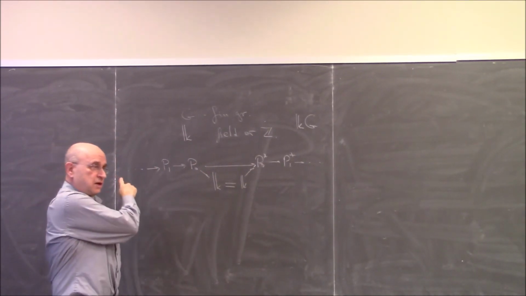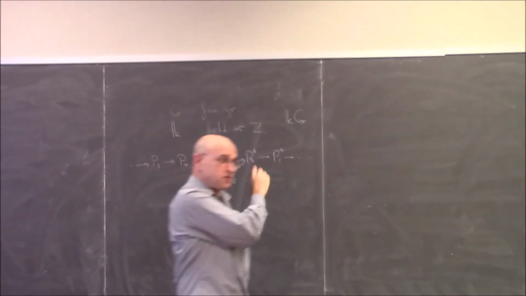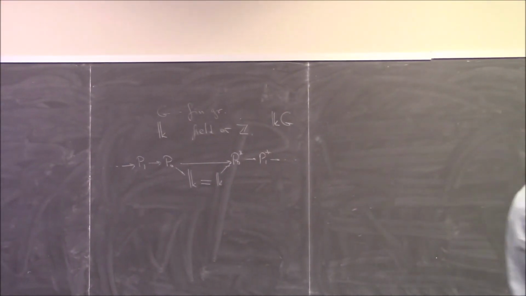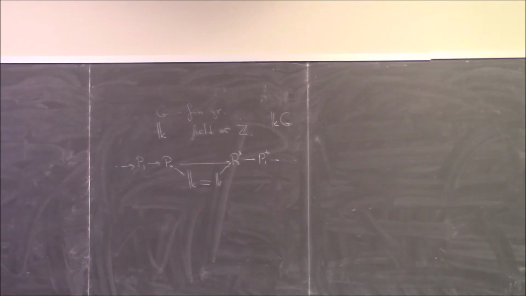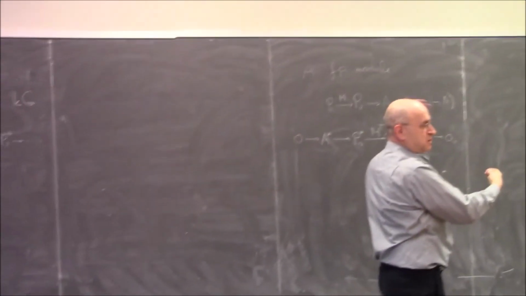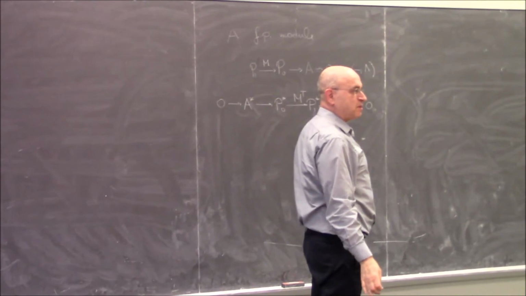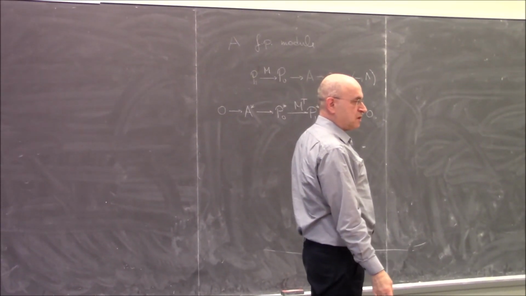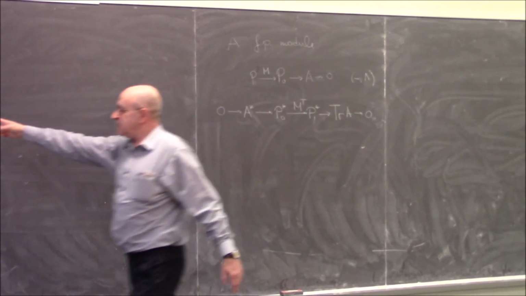It's homologically trivial, but it's not homotopically trivial. This is not a contractible complex. If you have an exact complex of projectives bounded on the right, it splits. It's contractible. Homotopically trivial. But such things exist.